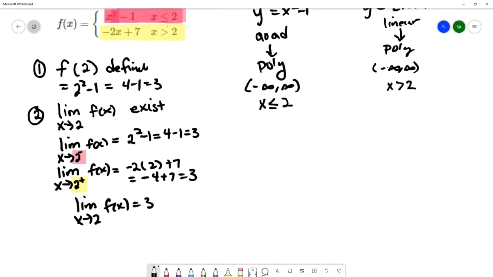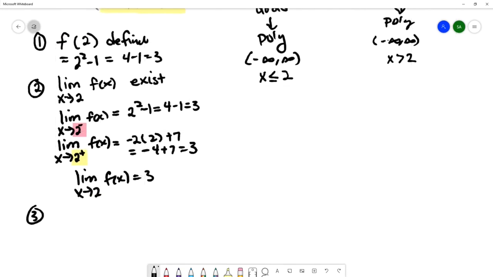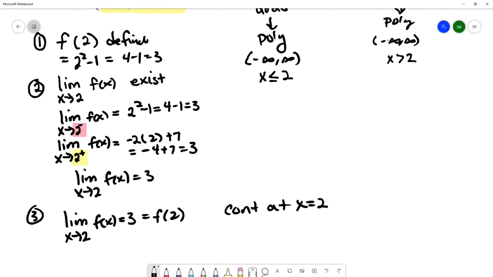And the third criteria for continuity is that this function value and the limit agree with each other. So the limit as x approaches 2 of f of x equals 3, and the function value f at 2 equals 3. So they agree with each other. The continuity criteria has been met, and so we know that this function is continuous at x equals 2.